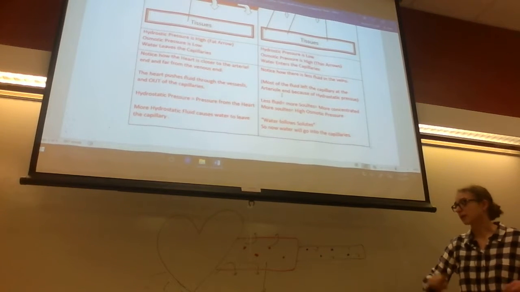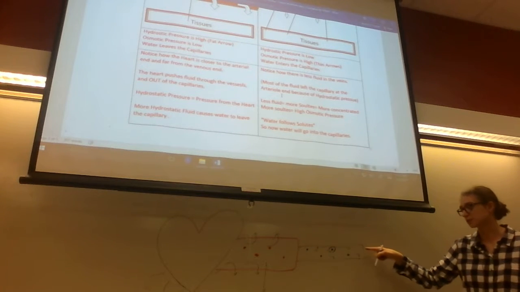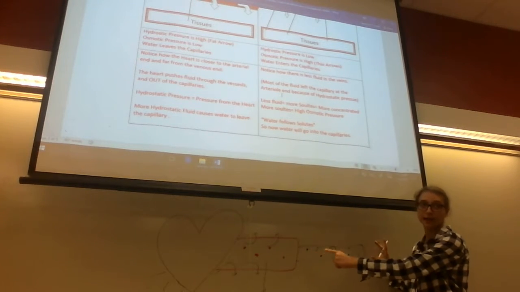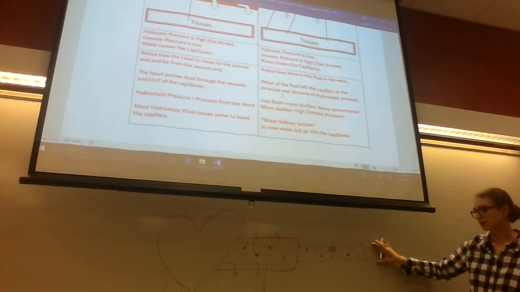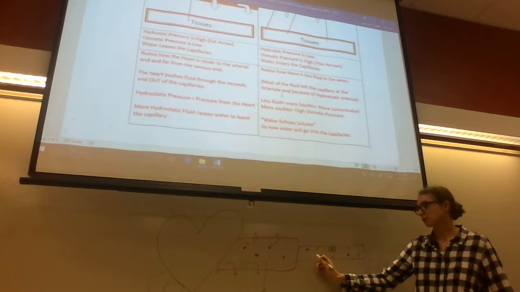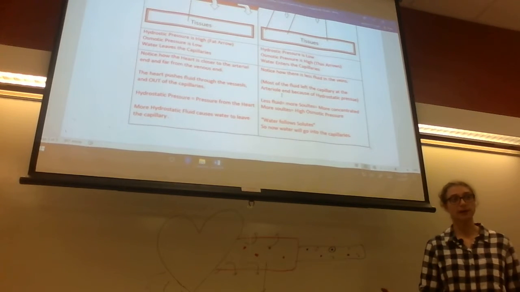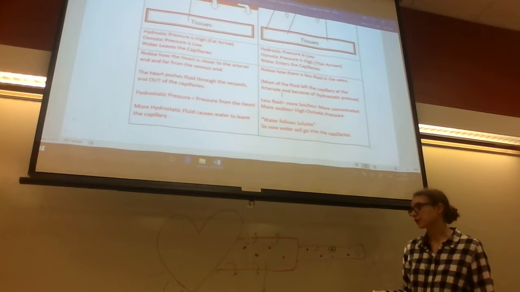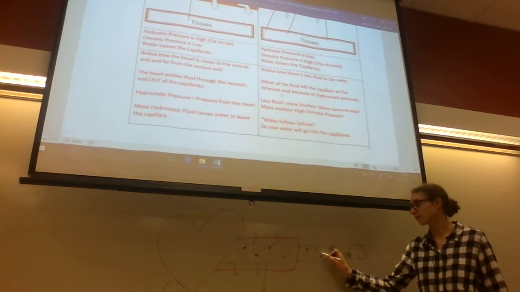In your veins, though, osmotic pressure is going to be high because you can see there's less water in there. These boxes represent how much water is in there. There's less water in your veins than in your arteries. So hydrostatic pressure is very low because it's far away from the heart, but osmotic pressure is very high because osmotic pressure comes from your solutes.